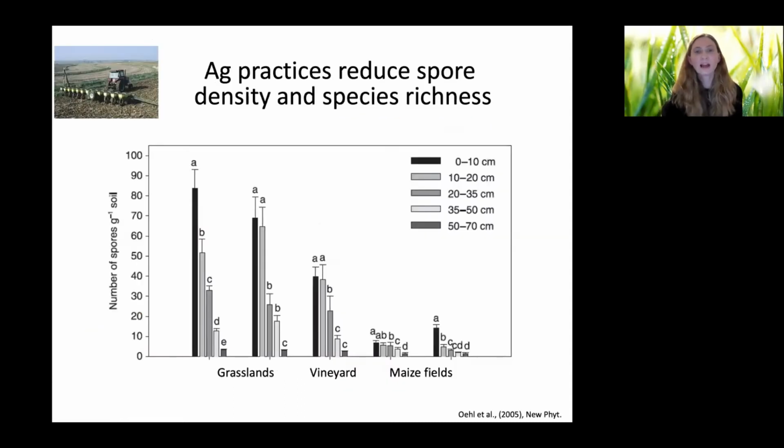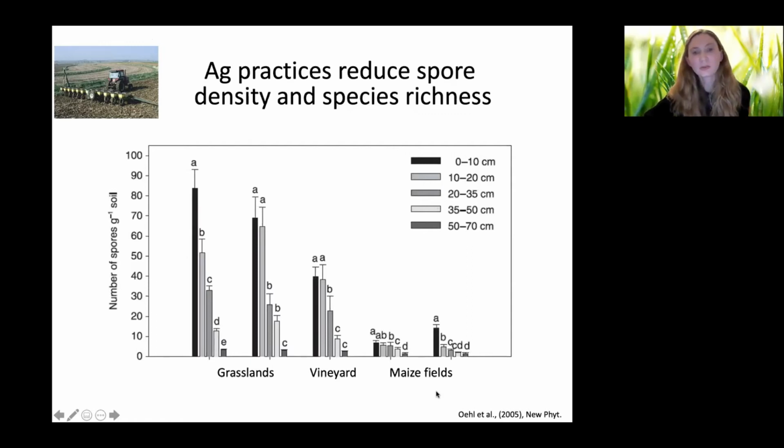We know that agricultural practices can reduce mycorrhizal spore density and species richness. This is a study done by Oehl et al. in 2005, where they looked at the spore density, so the number of spores per gram soil, of mycorrhizal fungi in grasslands, vineyards, and cornfields. And these different colored bars just represent different sampling depths.